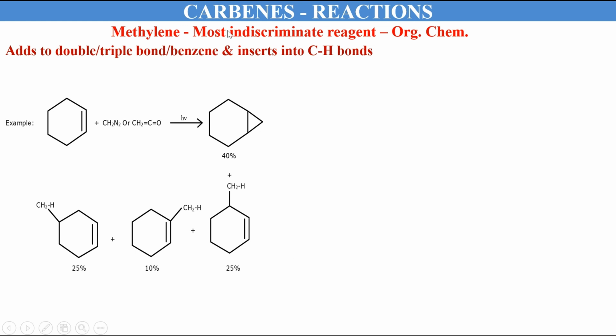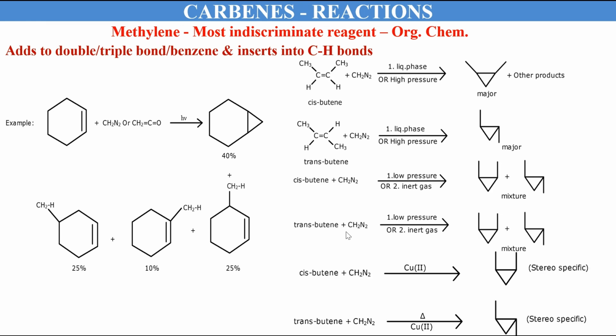Because it is the most indiscriminate reagent. It can undergo addition, insertion, or rearrangement. That's why we always get a mixture of products. If we want a single product, what should we do? We can control the reaction conditions.